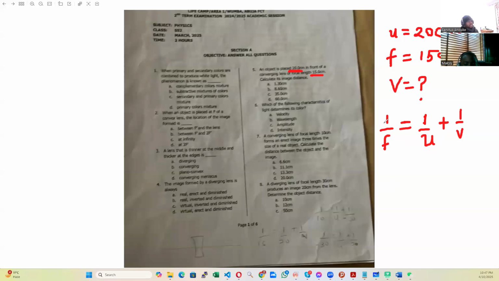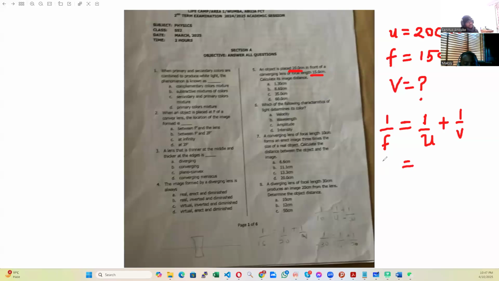So once it is a converging lens, you already know that 1 over f, there will be no negative here. Then what will determine whether here will be positive or negative is if you interpret the question right. If it is virtual image, then here will be negative. If it is real, here will be positive.